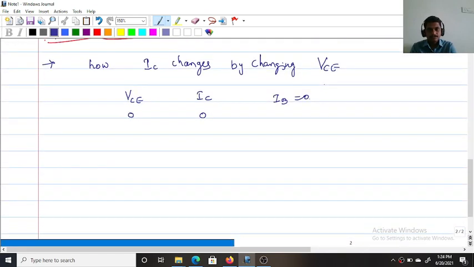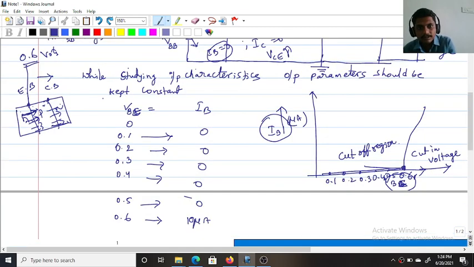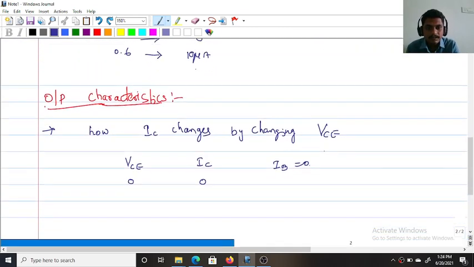When VCE is 0, IC is 0. We are studying the output characteristics by keeping IB constant.